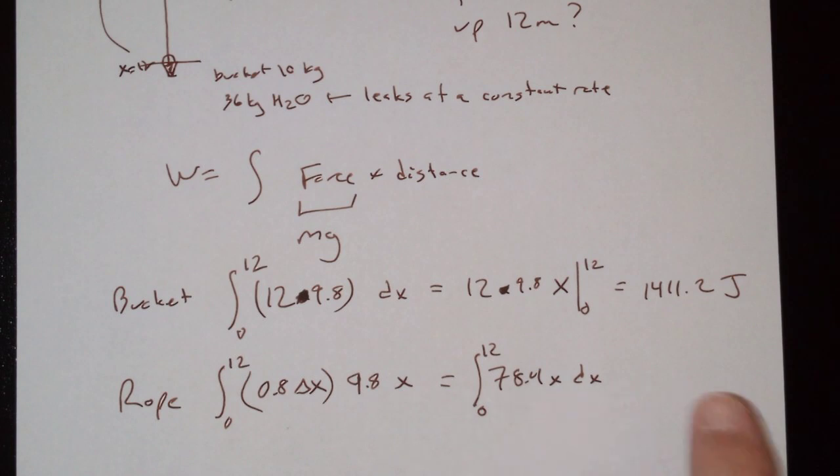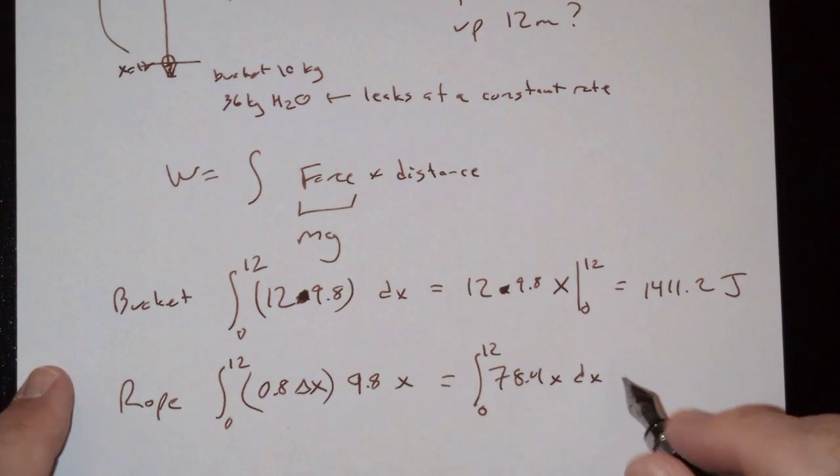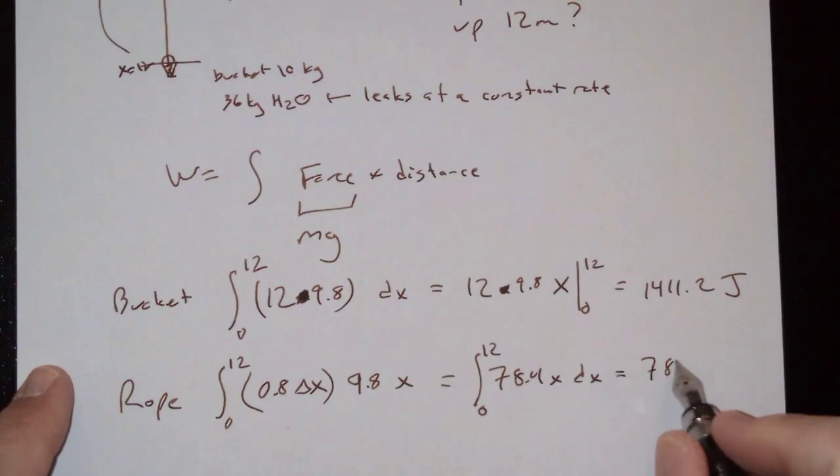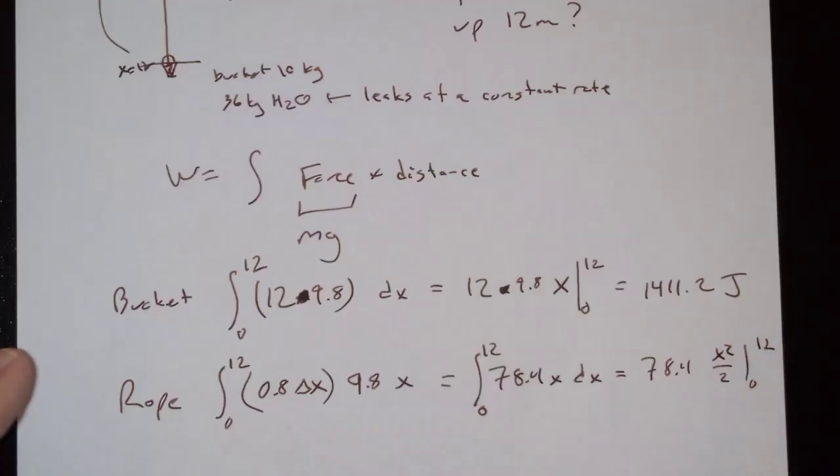Because that's an x, becomes x squared over 2. What's that number?